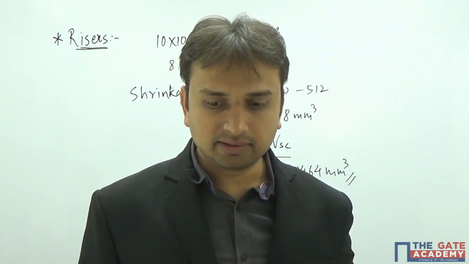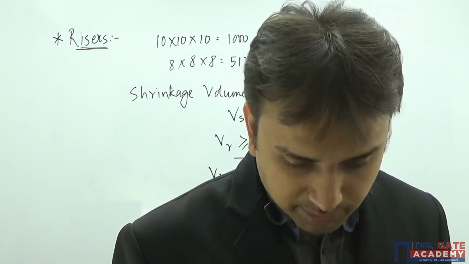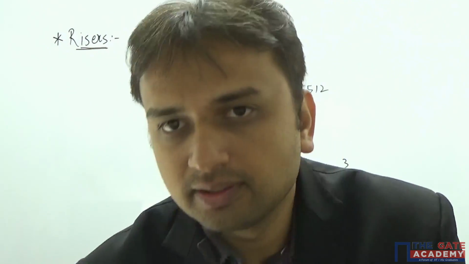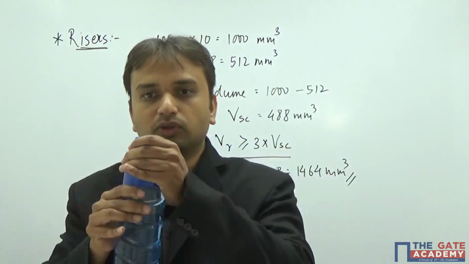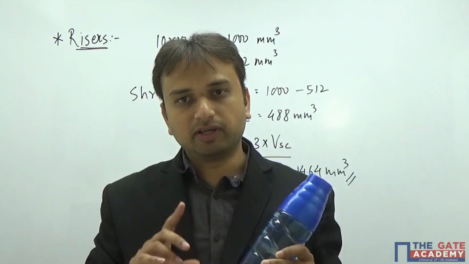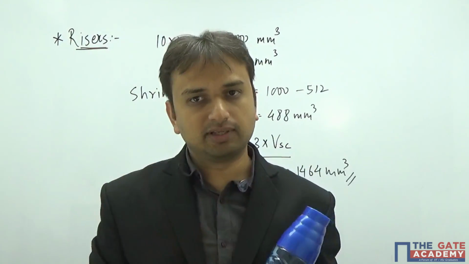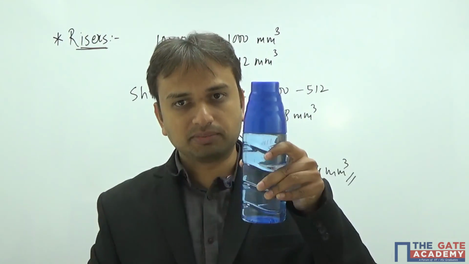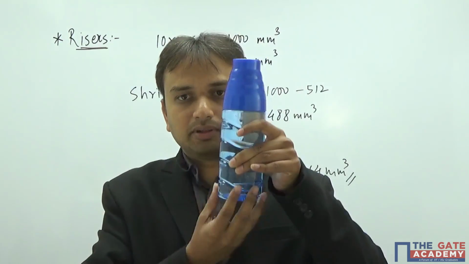But this cylinder, suppose, let me take the example of this water bottle here. See, this water bottle has two dimensions. Sphere has just one dimension, the radius or the diameter. But here there are two dimensions, the height and the diameter.